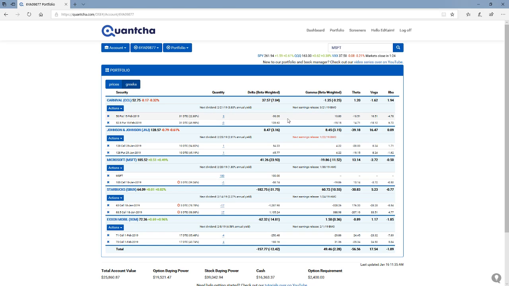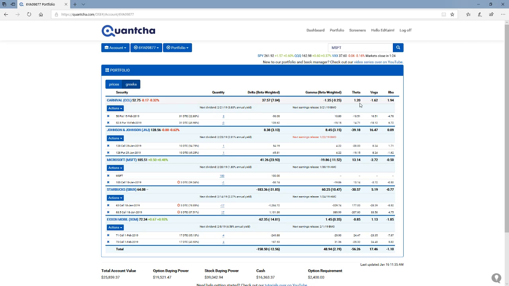Now, for the purposes of calculating a book, since all of these are relative to the same underlying, we can take all of this and just roll it up into this value, which I said was about 37 and a half here. And we could do the same for gamma, theta, vega, and rho. Now you'll notice our theta here is 1.19, which is pretty good. That simply means that we're not really hurting from the passage of time.